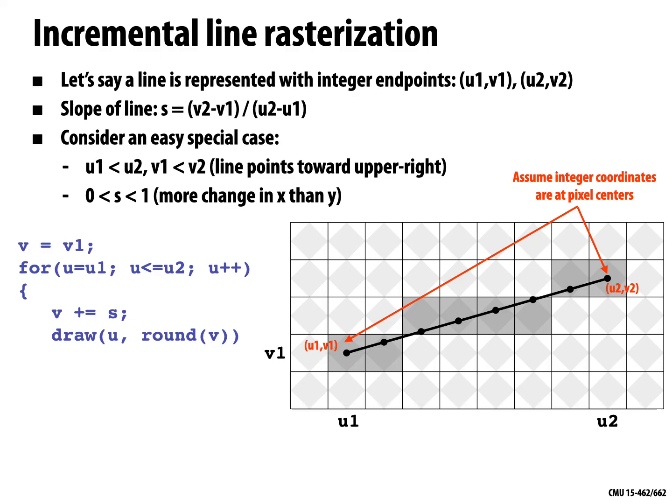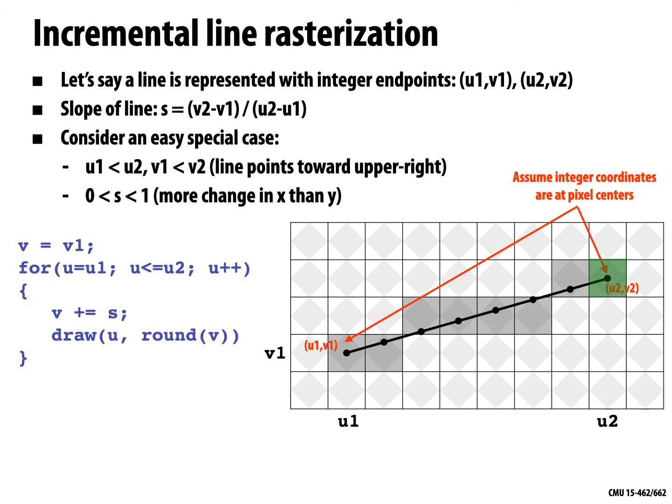We're going to light up the pixel at U and round V. So round V is going to give us the integer closest to our current V value. And then repeat. So we move from left to right. We gradually increment V, and we just draw the closest integer to our current V value until we finally reach the end of the line segment.